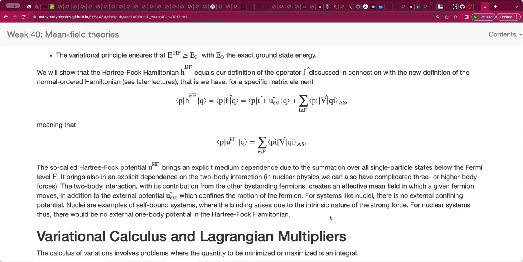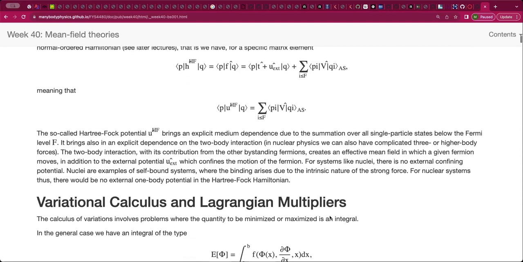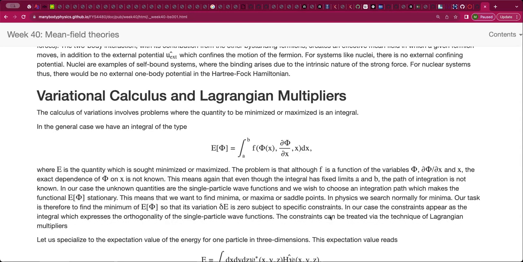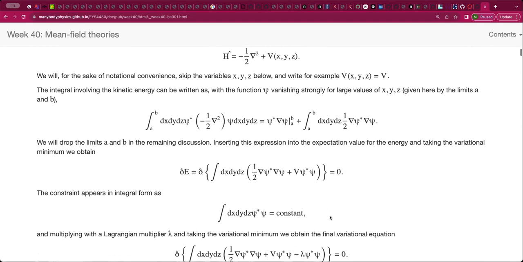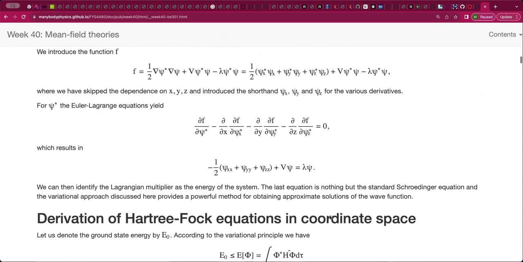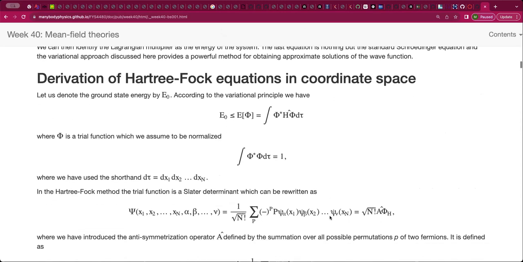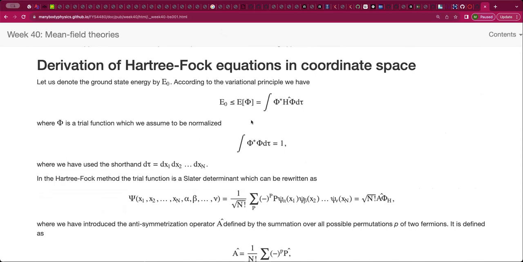So the other thing which we did yesterday was to look at variational calculus, and we went through some of these details, and I just wanted to quickly refresh some of these calculational details. And what we had then, when we looked at the variational calculus, is that at the end we end up optimizing a functional using variational calculus, where we looked at the small variation in the single-particle wave function.